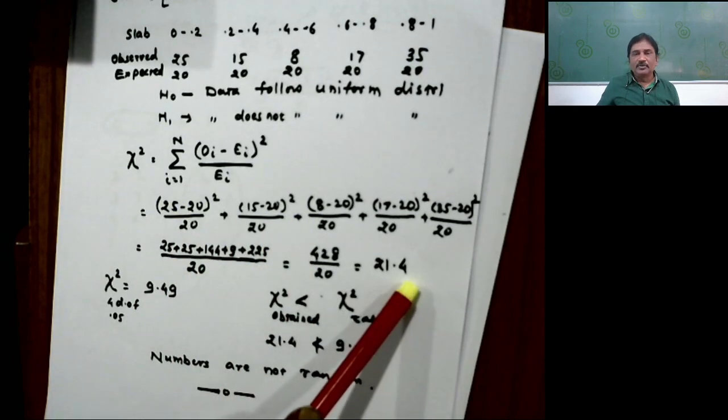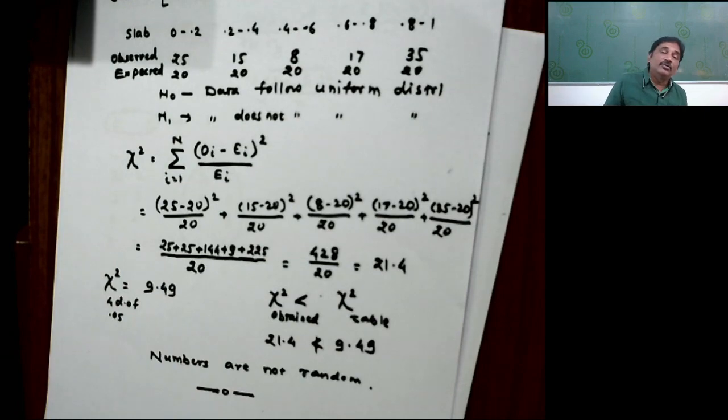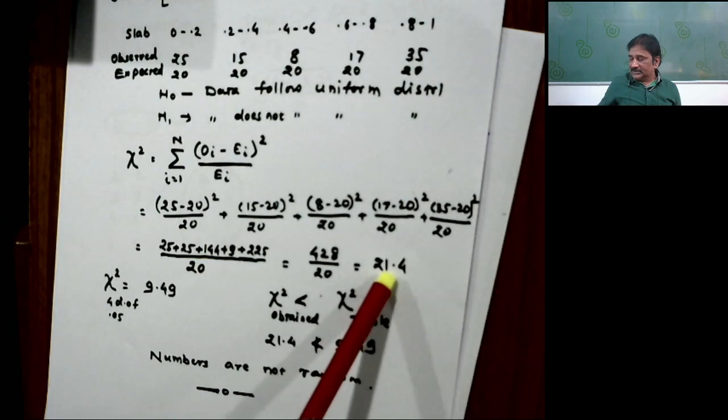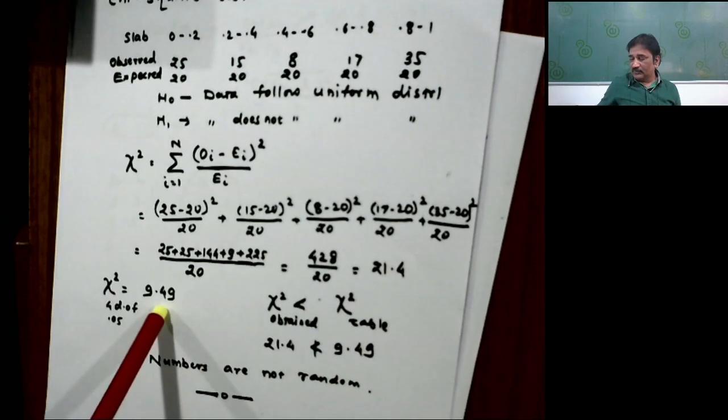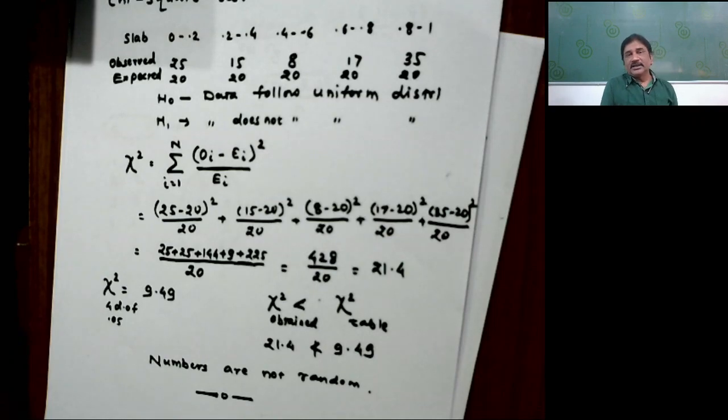And the chi-square table will always give you a value mostly greater than 0. So it means that if the data is to be uniform, then this value has to be less than what you get from the table. Okay, so that is the chi-square test.